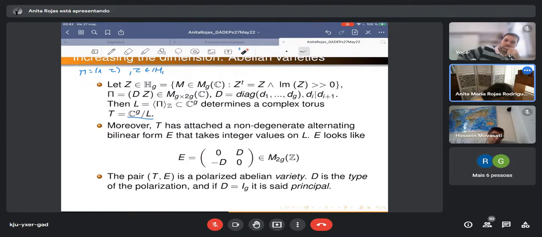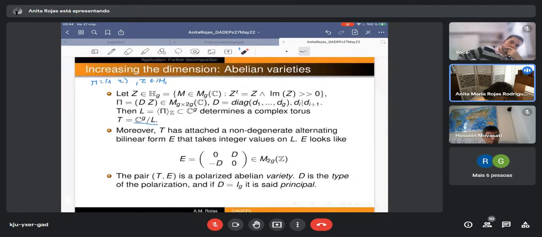In this basis, E looks like that. The pair (T, E) is called a polarized abelian variety because we fixed a polarization. D is called the type of the polarization. And when D is the identity, we say that the abelian variety is principally polarized. Those are the objects that we are going to be studying here.